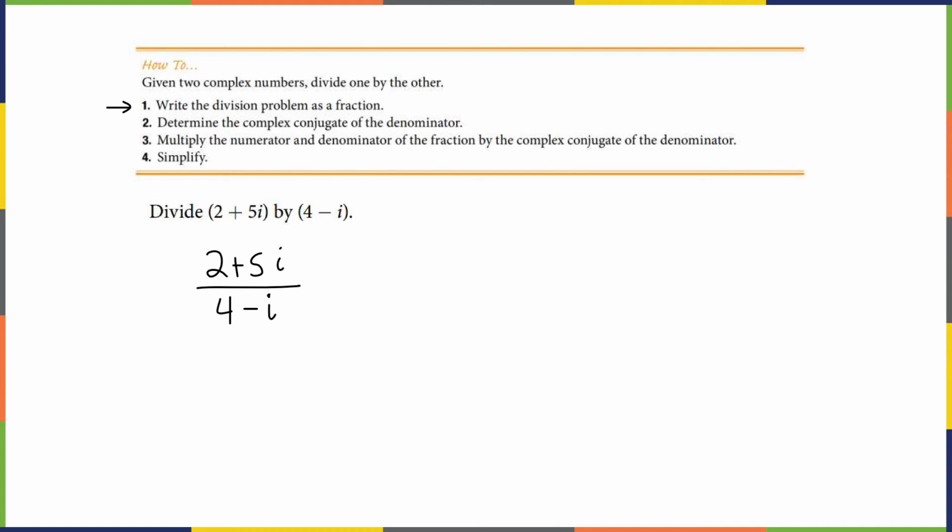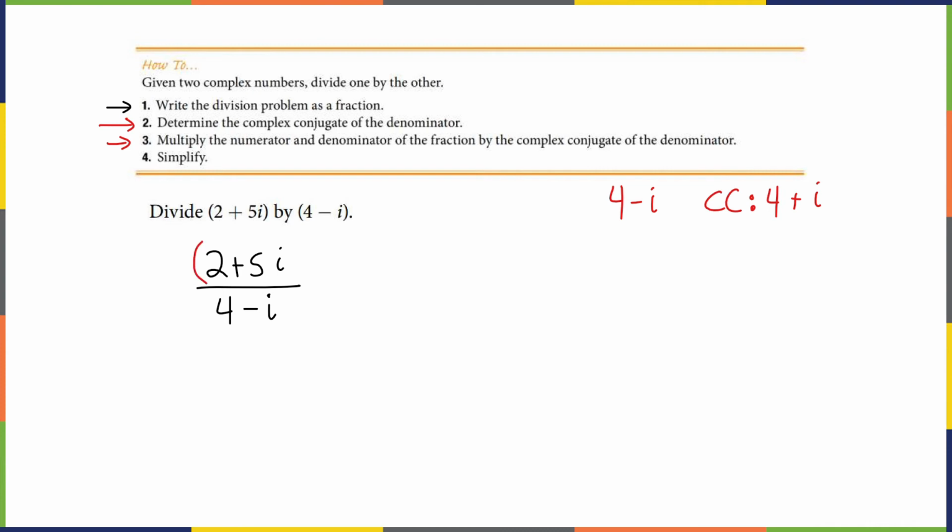And our next step says to determine the complex conjugate of the denominator. Well, my number is 4 minus i. Its complex conjugate, therefore, is 4 plus i. And we're going to multiply the numerator and denominator of the fraction by that.